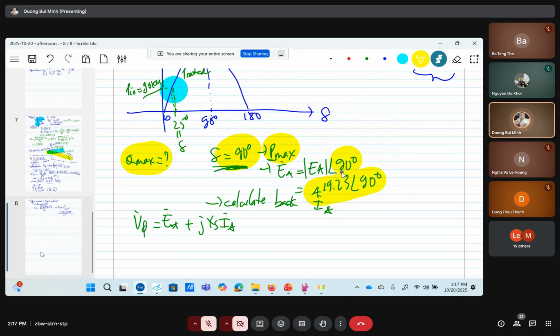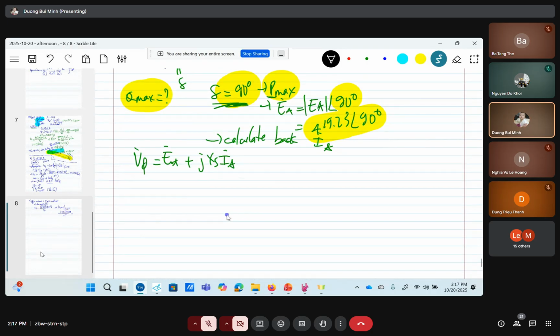Now we come back to calculate IA. IA is V phase minus EA, divided by jXS.